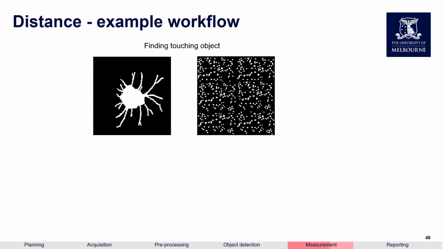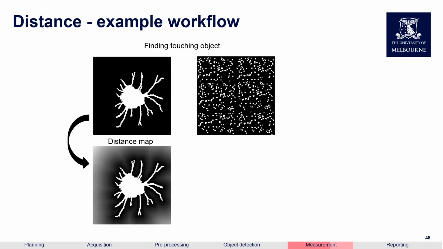So here's an example workflow where we want to identify synaptic particles that are physically touching a specific cell. So how do we do this? We can first generate a distance map outside the cells. As I mentioned briefly, the distance map is an image where the pixel intensity increases gradually from the cell border outward.